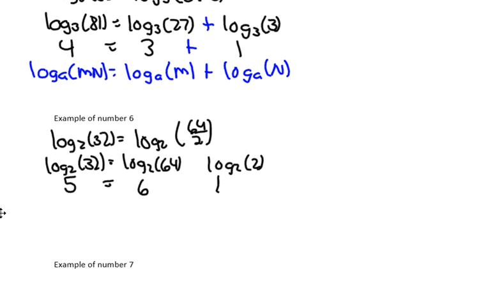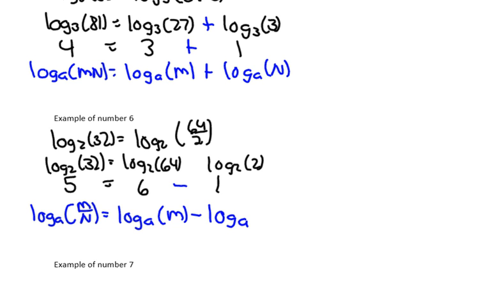In this particular case, it is subtraction. So if I have a log with division, and I want to separate this, then I know it's going to be subtraction in between. And again, keep in mind, the bases must be the same.